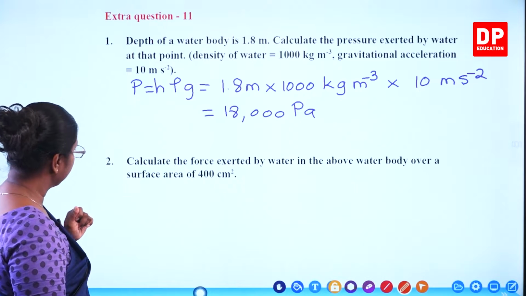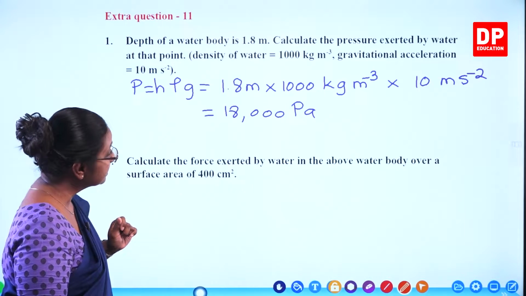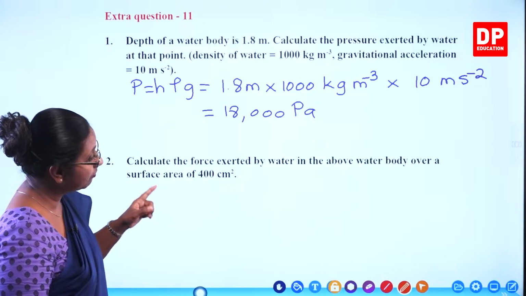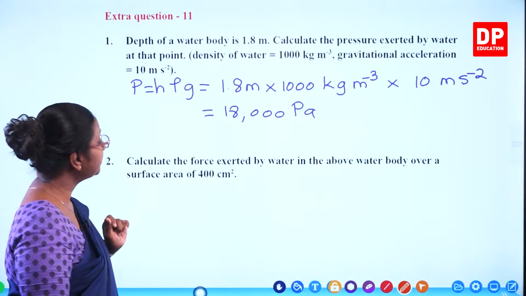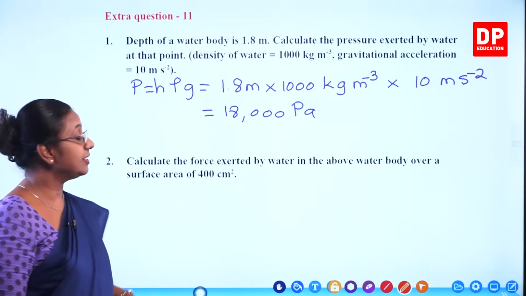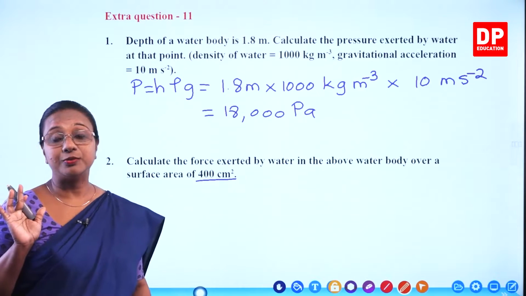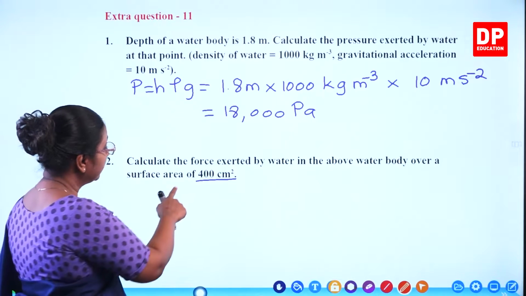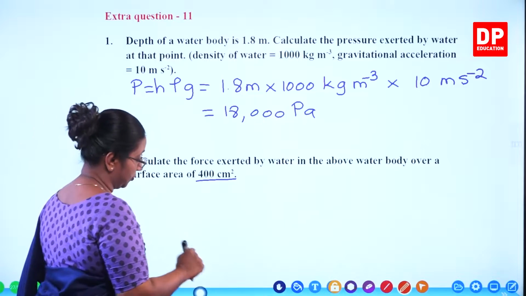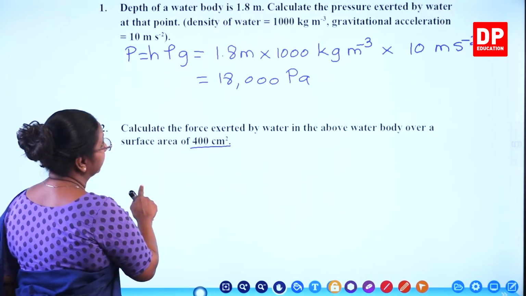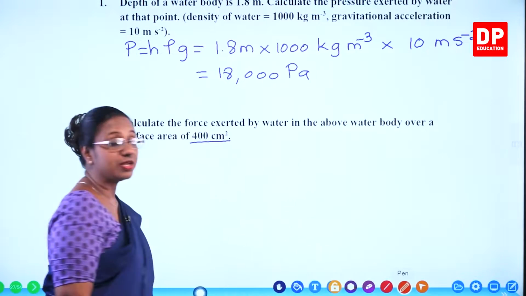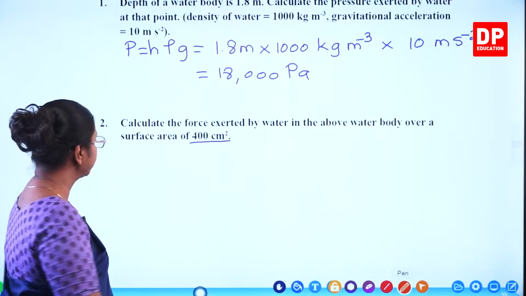Then the second one. Calculate the force exerted by water in the above water body over a surface area of 400 centimeters square. We have discussed similar questions like this. Here you need to find the force. So how do we do that? If we are to relate pressure to force, what is the equation?